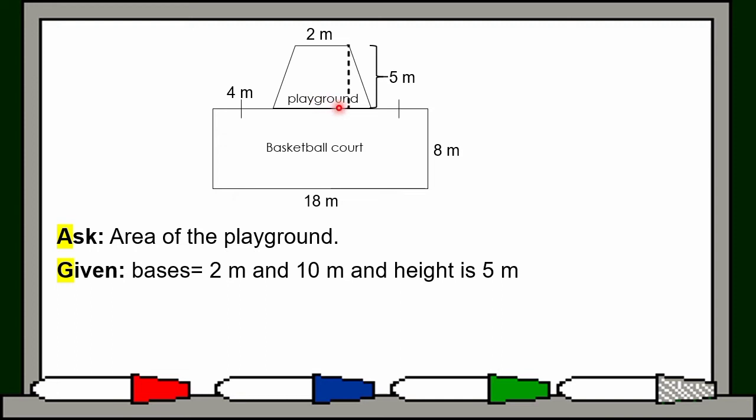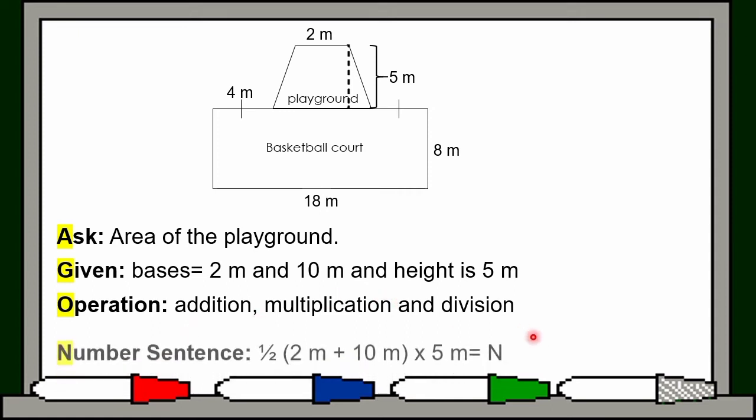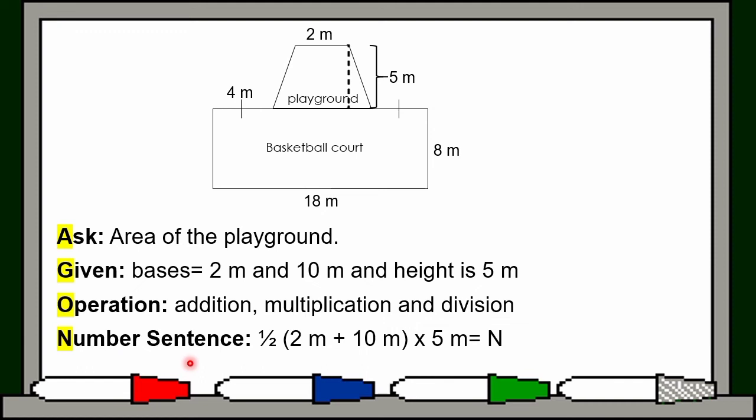So, our base is 10 meters. And our height is 5 meters. Next is operation. So, what operation will we use? Addition, multiplication, and division. And letter N, our number sentence, 1/2 (2 meters plus 10 meters) times 5 meters equals N.